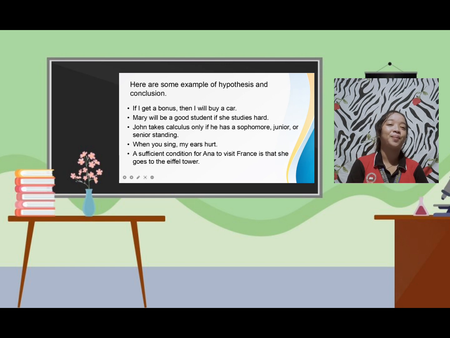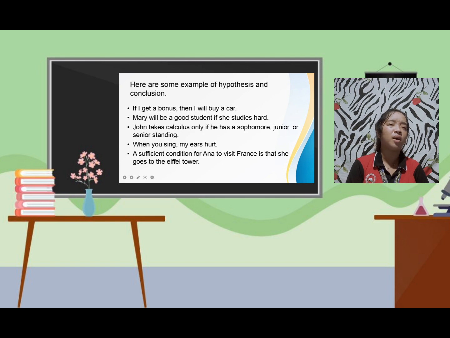Another example: John takes calculus only if he has a sophomore, junior, or senior standing. Do you think it is written as a conditional proposition? Okay, no. So we need to write it as a conditional proposition: if John takes calculus, then he has a sophomore, junior, or senior standing.